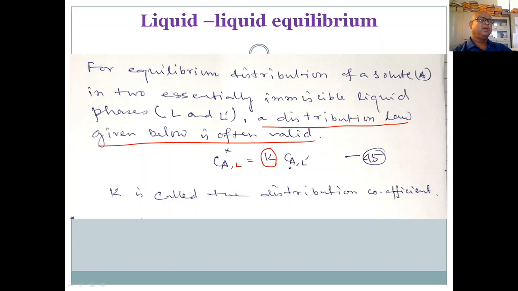Let's check: if I want to separate penicillin from water into butyl acetate, that equilibrium K value should be less than 1, and the lower the K value, the better.